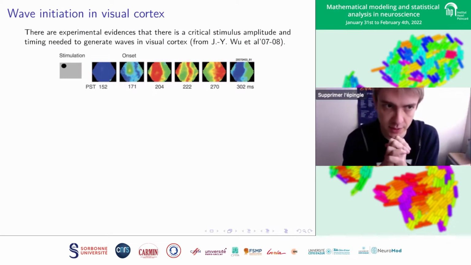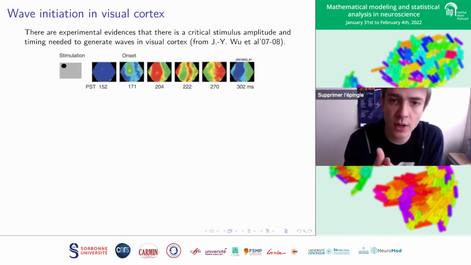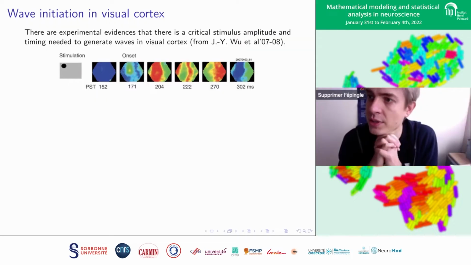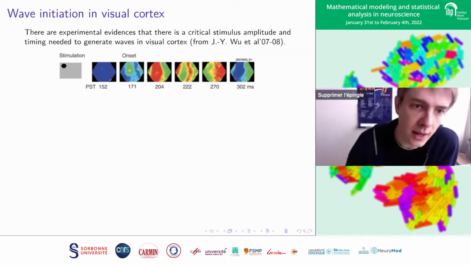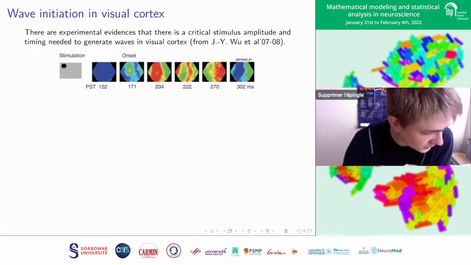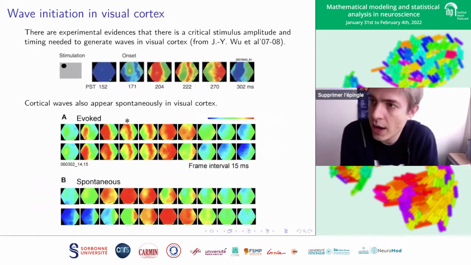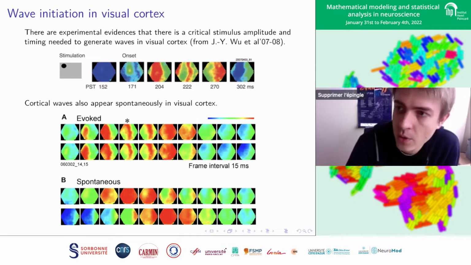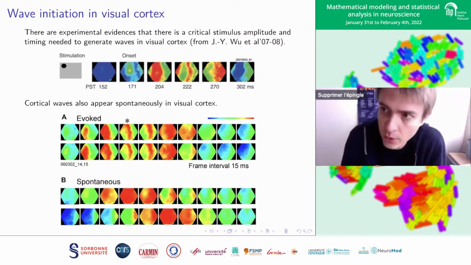So these experiments were done in rats, and I'm just showing some recording of the rat visual cortex when it receives a stimulation. So it's a black dot on the screen, and the type of waves that we have considered, or where we wanted to have some analysis, are either evoked waves, which are directly elicited from a stimulus, or other types of waves that you can get spontaneously.